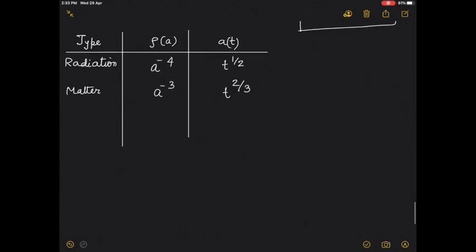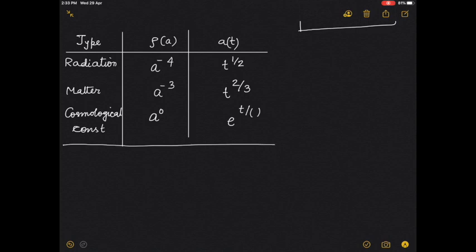And once you come to cosmological constant dominated, this goes as constant, or I can write a to the 0, and a will go as e to the t. And obviously there will be a division by some time scale, but let me not be so critical here. So this is the table that we get.